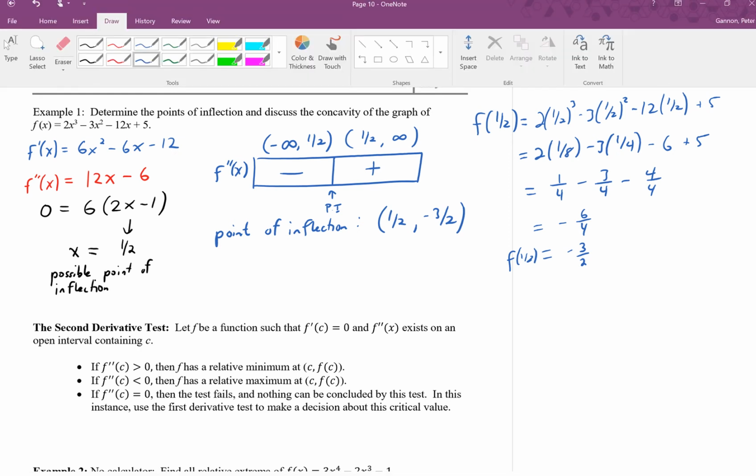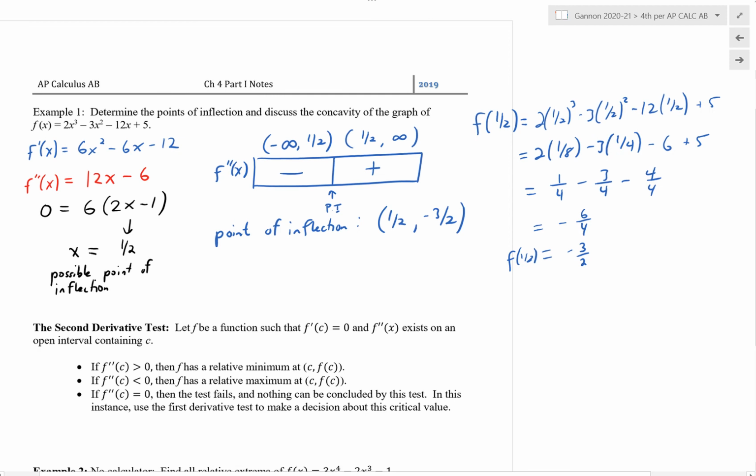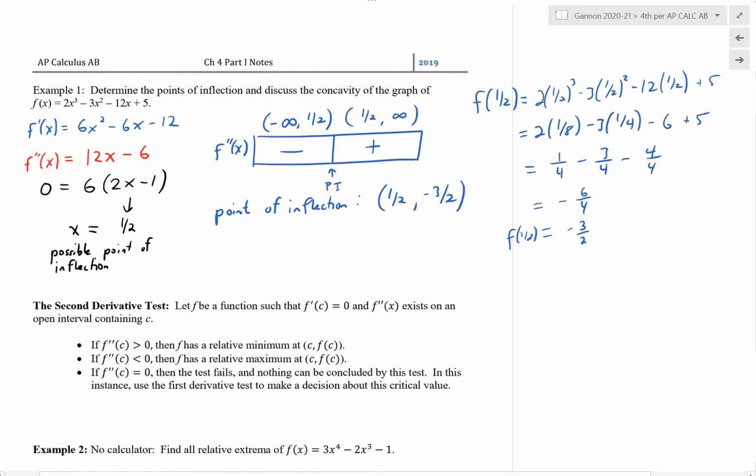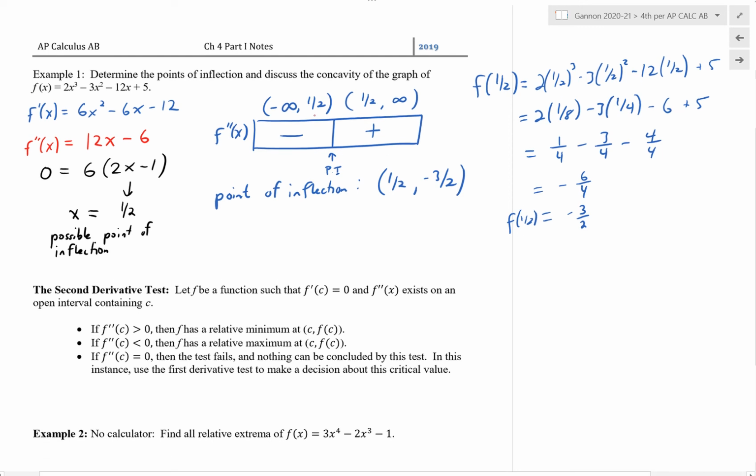The other thing we were asked to do is discuss the concavity of the function. The sign of the second derivative is always going to determine the concavity of the function. If the second derivative is negative, the function is concave down. And if the second derivative is positive, the function is concave up.